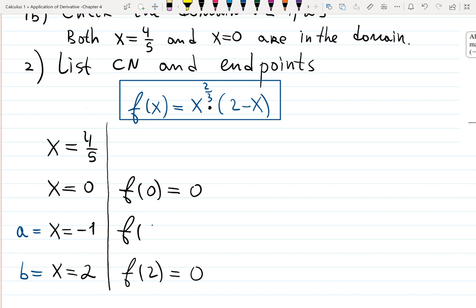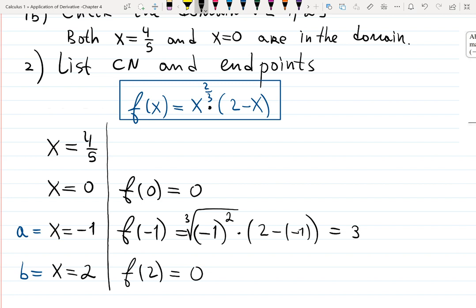Then f at -1 is pretty easy to calculate. -1 to the 2/3. 2/3, if you don't remember, means squared and then cube root. And then 2 minus -1. If you carefully calculate everything, the first piece is just 1, the second piece is 3. So that's 3. And f of 4/5, the same idea. So calculate by yourself, and I will give you the approximate answer, 1.03.